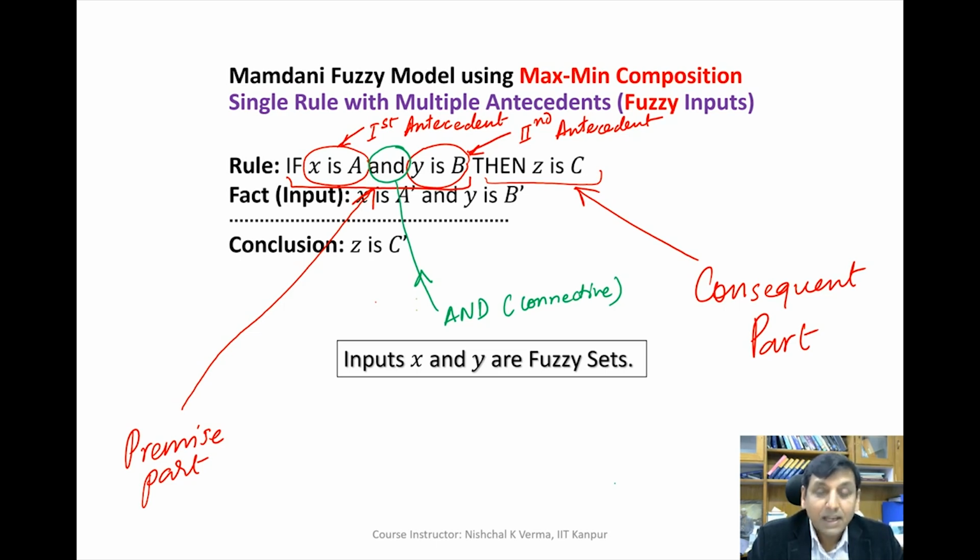X and y can also be the crisp inputs, and then here also we can have max min composition and max product composition. So let's now go ahead and see the various cases.